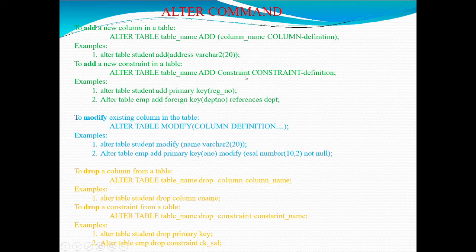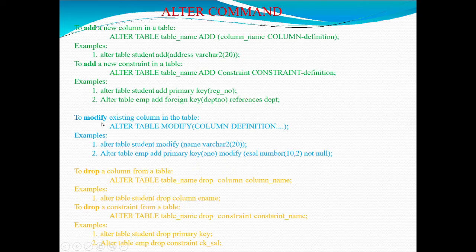And where we are going to use the keyword constraint, say for example, alter table EMP add constraint, constraint name, that is a check constraint, within brackets on that column, that is sal. This is how we can also add a constraint to the table.